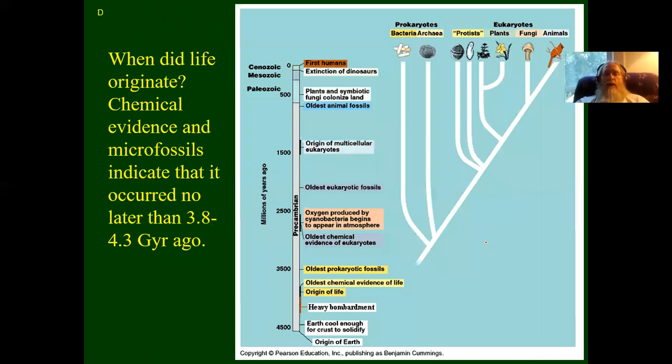Now, when did life originate? So here's our great moments in the history of Earth chart from before. Well, that's a good question. We've said it would be difficult to survive the heavy bombardment, but life may have originated during or before that time. So let's see here, 3.8 to 4.3 billion years ago.